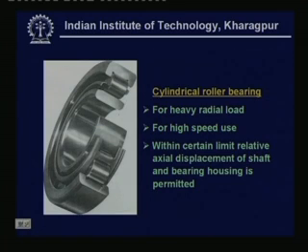So, you can see the roller bearings are normally used for heavier load, because a ball bearing has a point contact, and in the roller bearings we are having a line contact. So, thereby the contact area is increased, and thereby it has a capacity of more load.